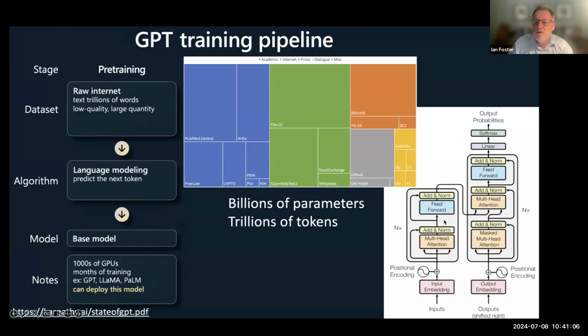We won't go into the detail of how those parameters are organized, but they're basically lots of highly connected neural network components that are linked together in various ways. We then have trillions of tokens. A token is basically a measure of training data for text. You can think of it as a syllable in many cases. And then we go through this process of training by repeatedly updating the parameters until it's able to effectively predict the next token.